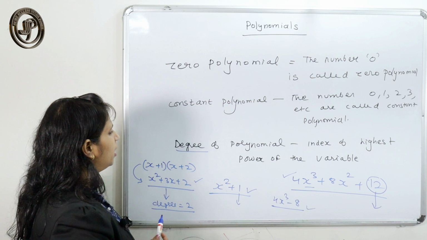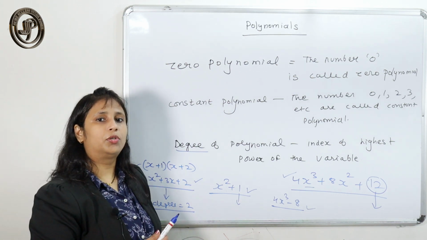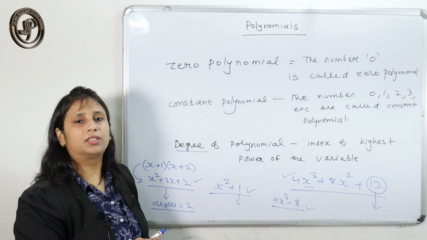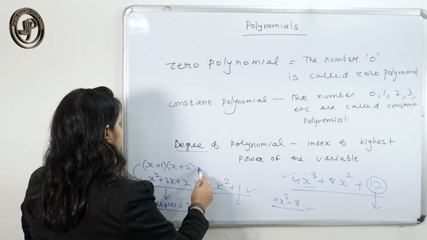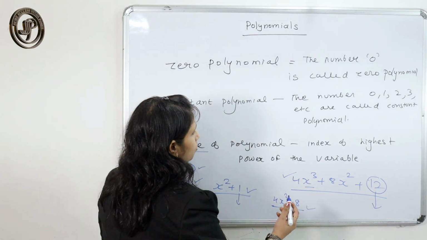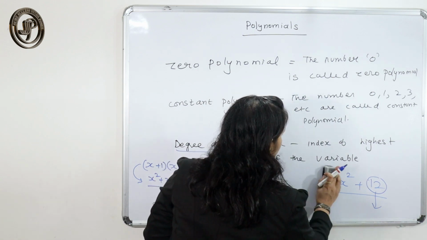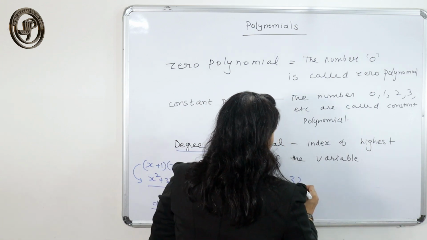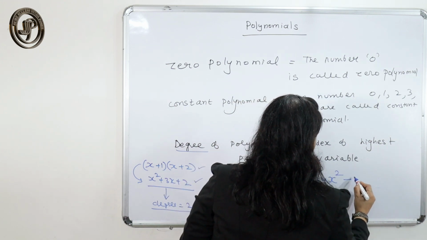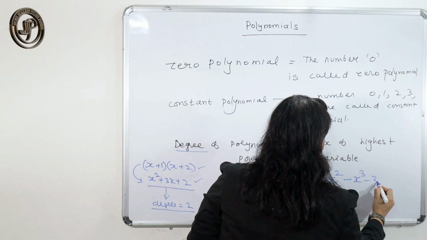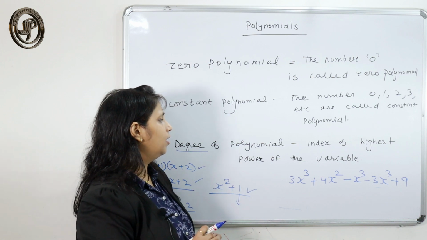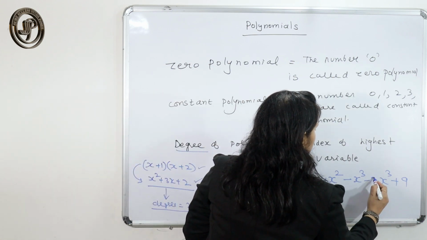In order to find the degree, you should remember that your expression should be in simplified version. If it is in this form, first you need to do the product. Suppose I ask you to find the degree of this function.